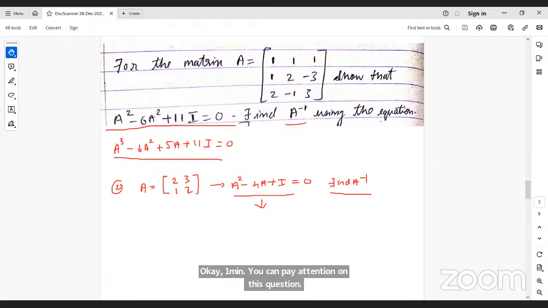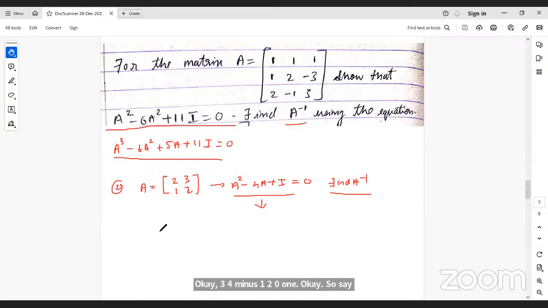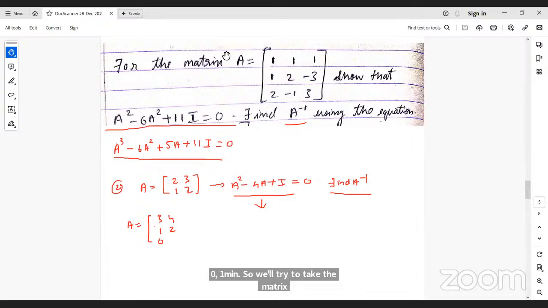3, 4, minus 1, 2, 0, 1. So see, matrix A dash is 3, 4, minus 1, 2, 0, 1.